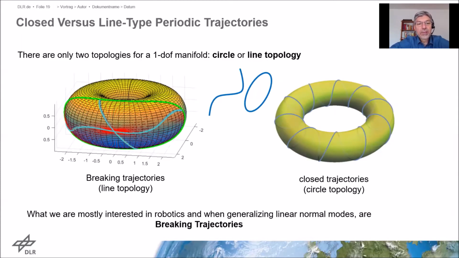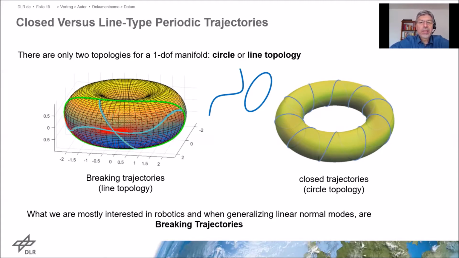Now you can have different types of periodic trajectories. And if we want trajectories which are a one-dimensional manifold, then there are only 2 topologies of one-dimensional manifolds. Either it is a line segment or it is equivalent to a circle. And the examples I presented before are closed trajectories, so they have a circle topology.